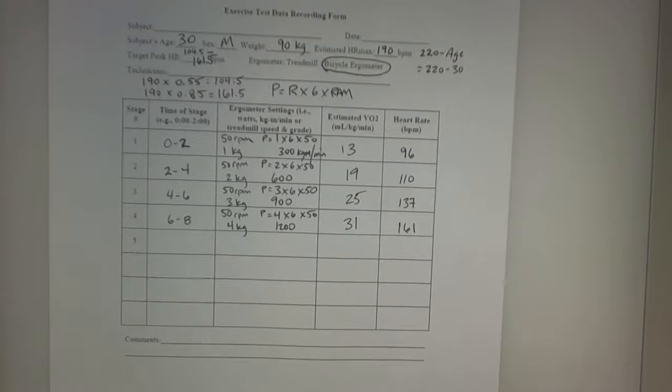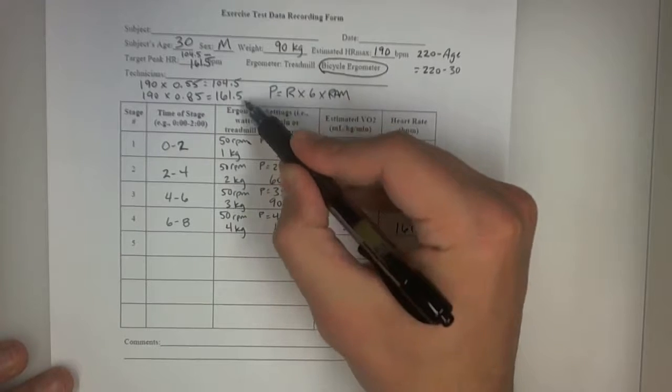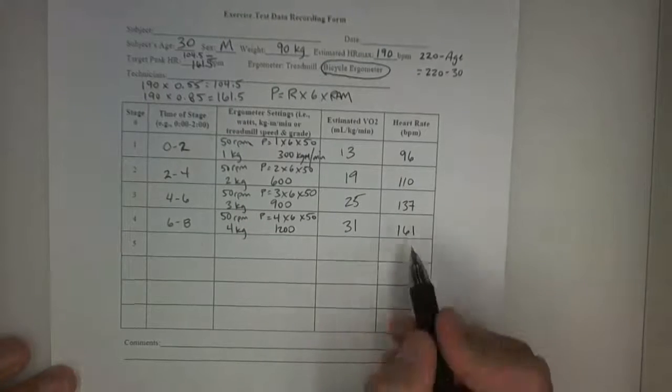Okay, so as we get ready to get started, one thing that we need to remember, as I briefly mentioned earlier in the video, is our validity goes up for using this prediction model if we use heart rates that are above 55% and below 85%. So if we look at our range, our range is 104.5, which is 55%, to 161.5.